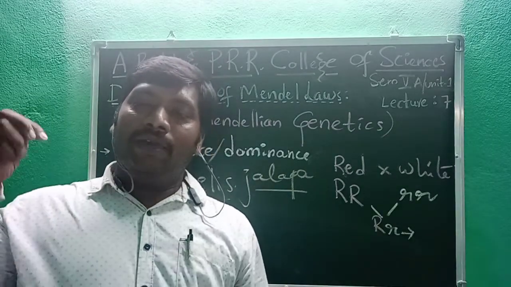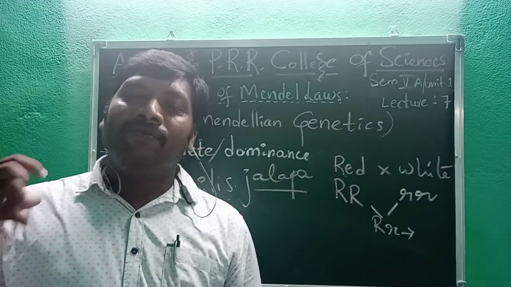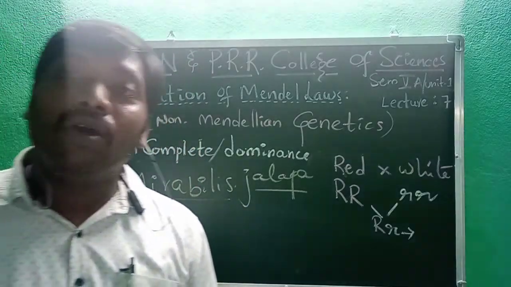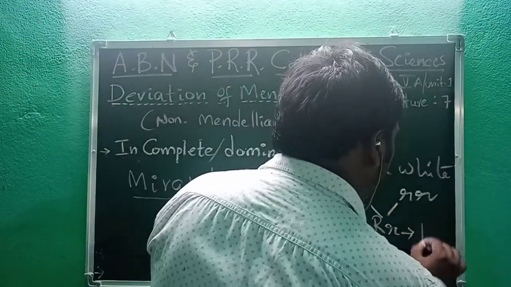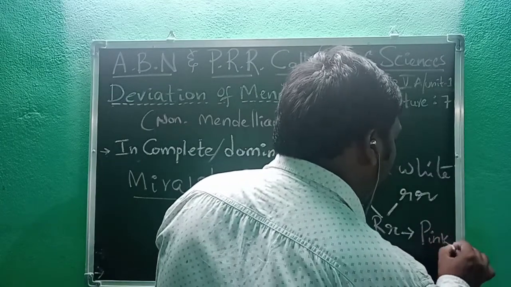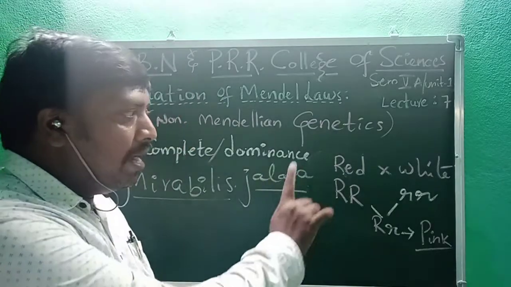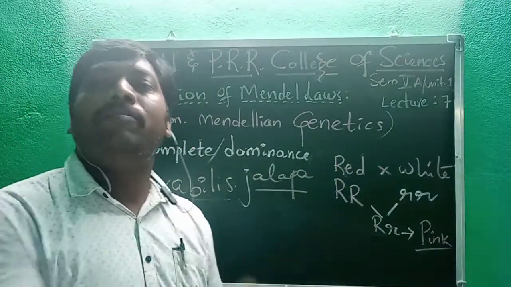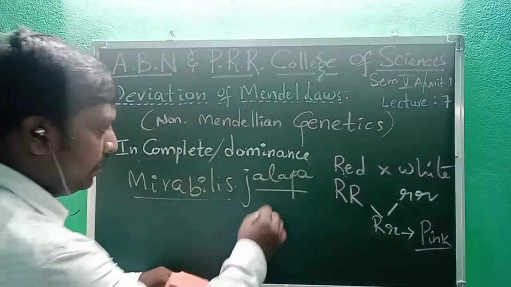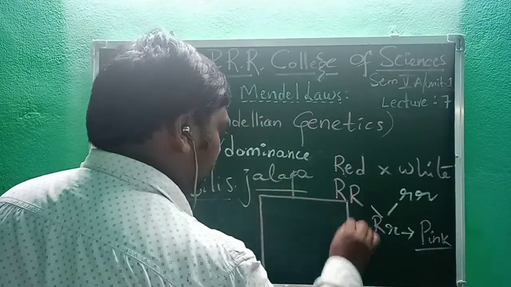An organism heterozygous for a trait will show a third trait, an intermediate color called pink. That means red and white mix to form a pink color. So let us see the Punnett square table.